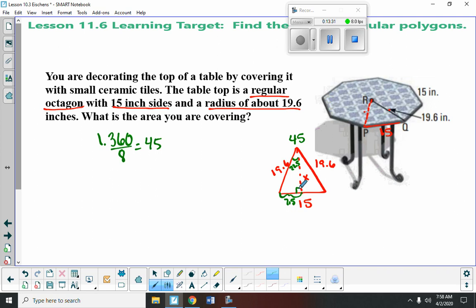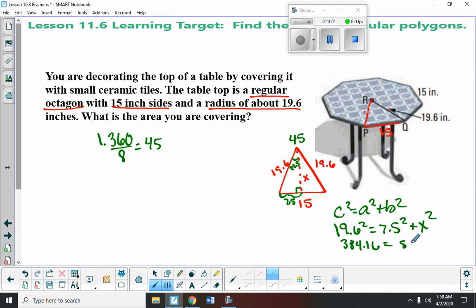And so, like I said, we can do the Pythagorean theorem to find your missing length. So c squared equals a squared plus b squared. The hypotenuse is the c, and one of the sides is 7.5, the other one is x. And now we can solve that. So 19.6 squared is 384.16.